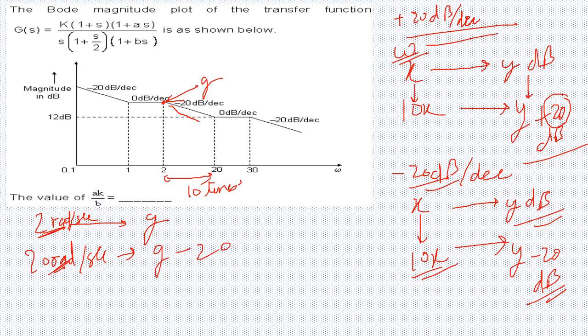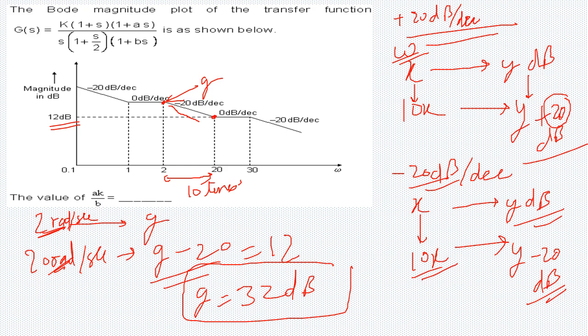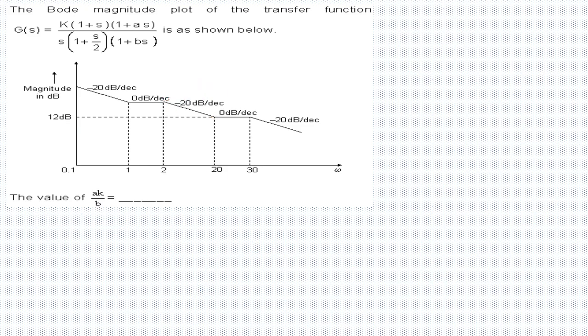This G minus 20 has been given to us as 12, so G should be 32 dB. Now G is nothing but 20 log K. So effectively, G, which is 20 log of K, is equal to 32 dB.